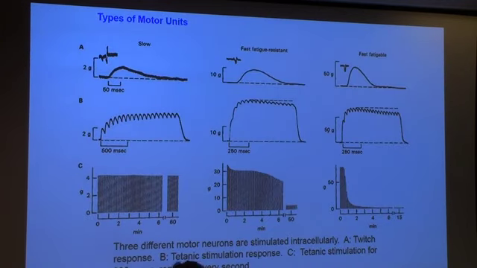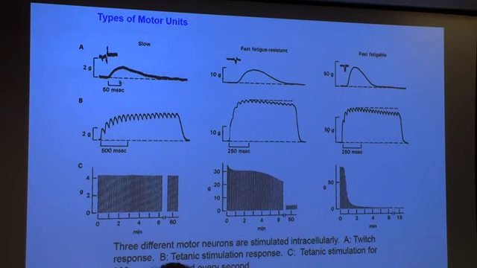Here is a plot to show you how these three types of muscle fibers react to the stimulus. On panel A, we give a small stimulus like a twitch, and you can see the reaction of the three fiber types is different.